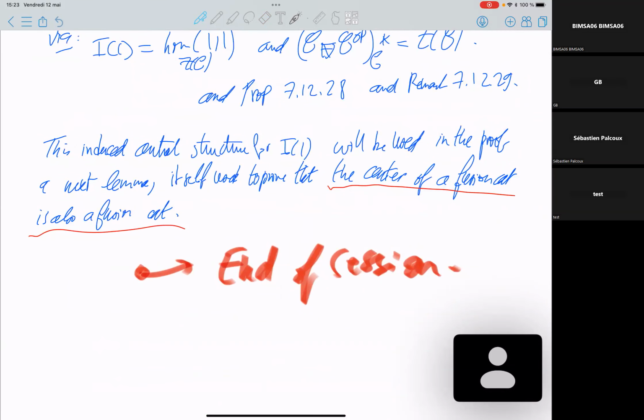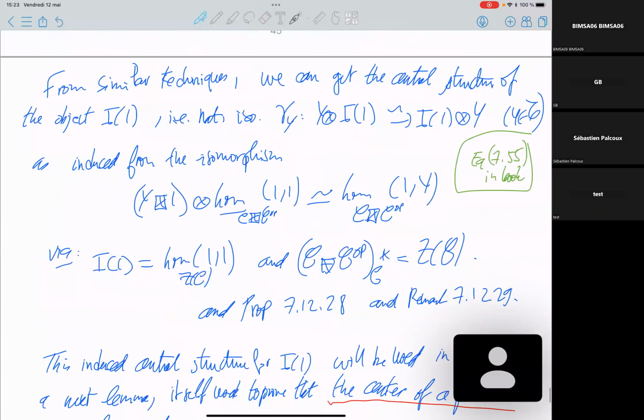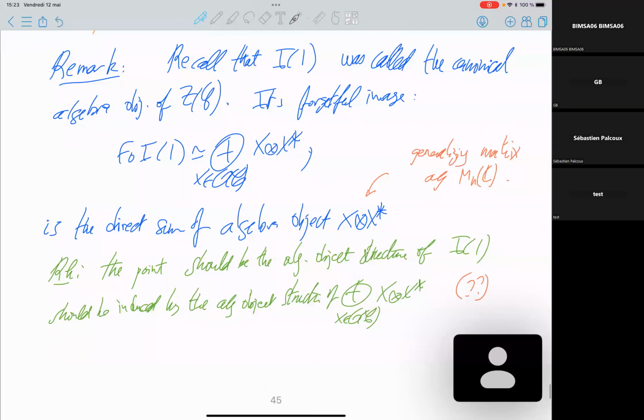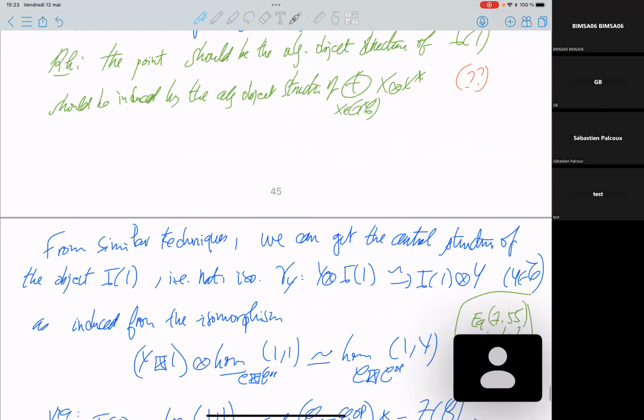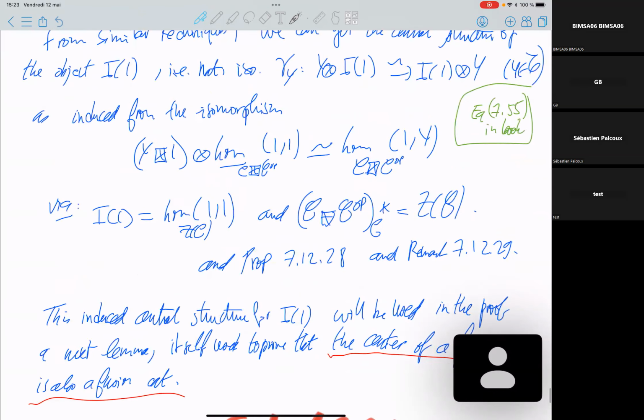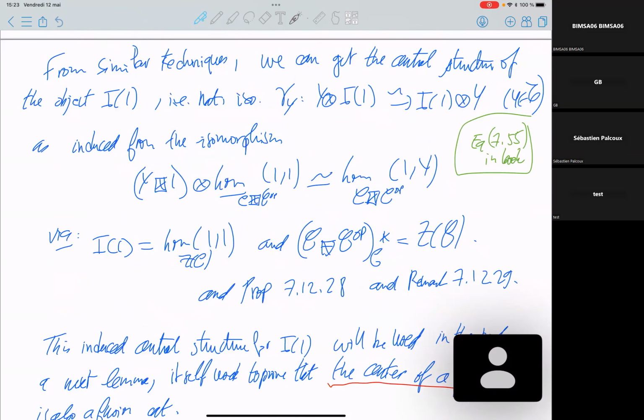Now, yesterday we finished by proving something about the central structure on this algebra object I1.